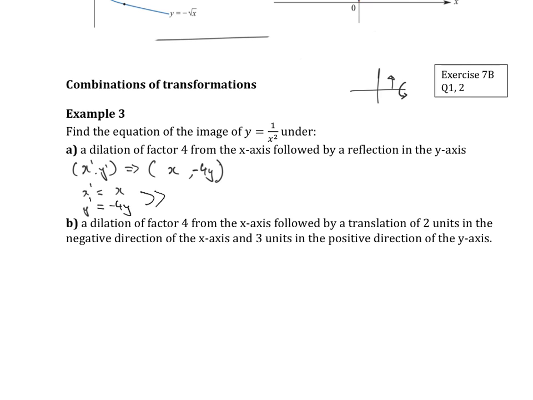So from this, we get x dashed is equal to x, y dashed is equal to negative 4y. But again, for my equation, I need x equals, and y will equal y dashed on negative 4. So now we can apply that to any equation.